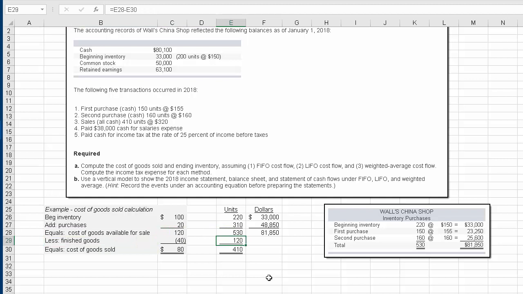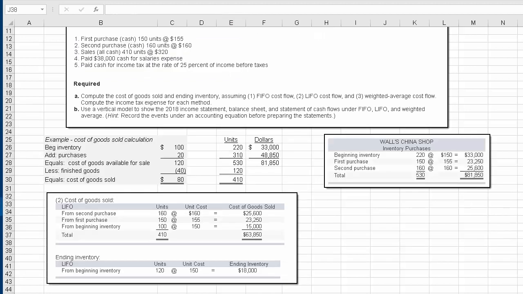All right, so now what I want to point out is that we value FIFO or LIFO with a layering approach. So let me put this on the screen and readjust the screen. Now we could either value cost of goods sold or ending inventory.